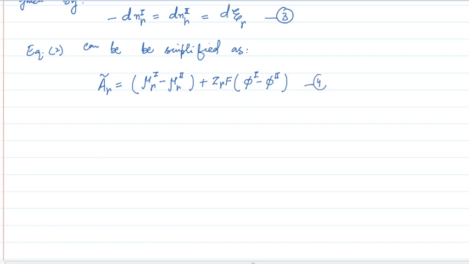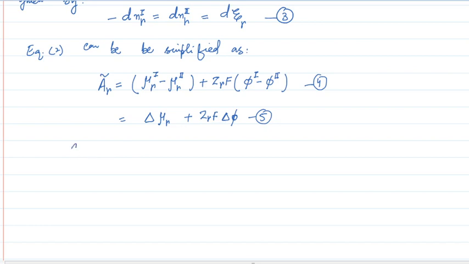This is equation 3. Or we can simply write it as the change in chemical potential, delta mu gamma, plus Z gamma F delta phi, where delta phi is the change in potential, the potential difference.